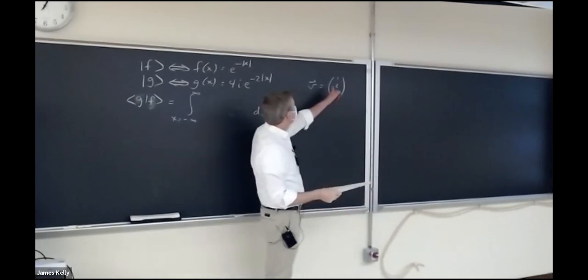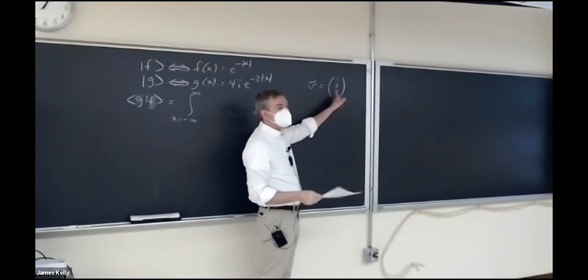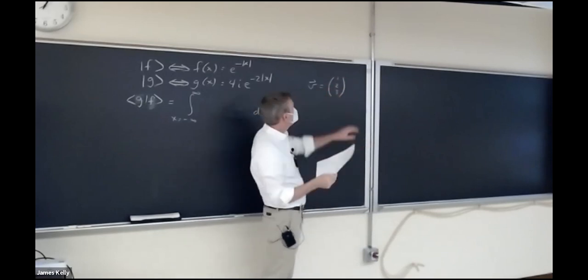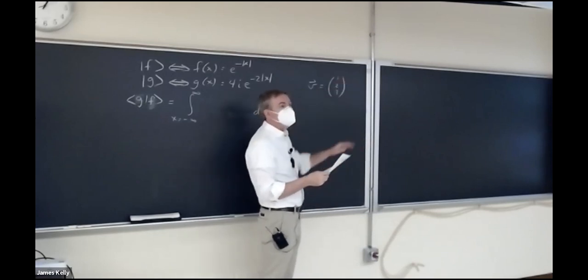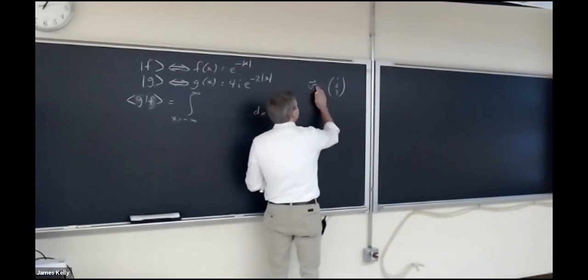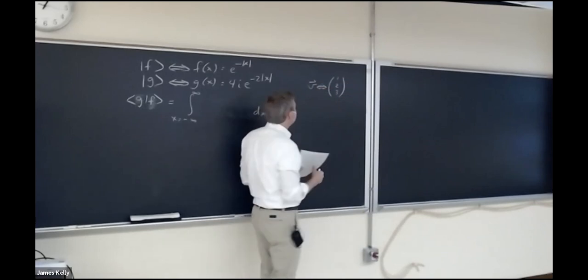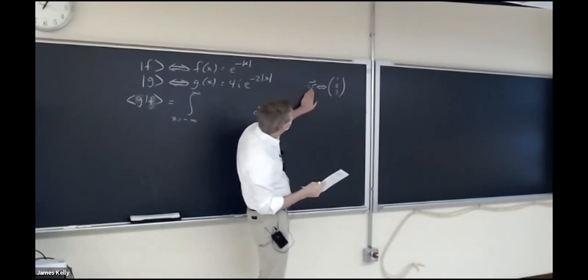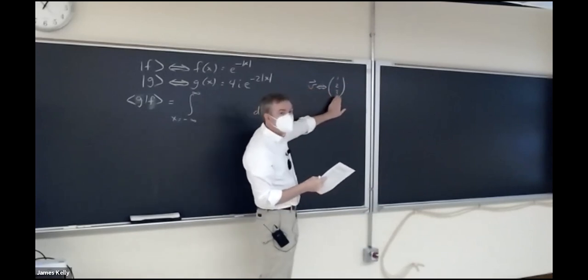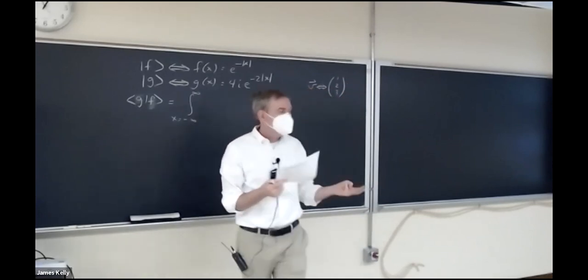These are components in a particular basis, but if I change my mind about what the basis vectors are, these numbers would change. So this is only one representation. Maybe it's a little more careful to say I'm going to associate this particular vector with this particular representation in a particular basis. Okay.